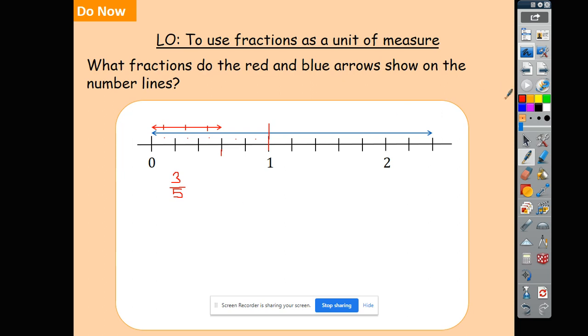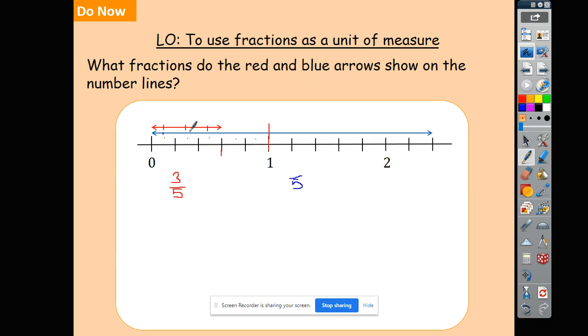So now let's have a look at the blue line. We still know it's in fifths because we know that each whole has been split into 5 parts. So we know our denominator will still be 5. So how many parts are we looking at with the blue line?